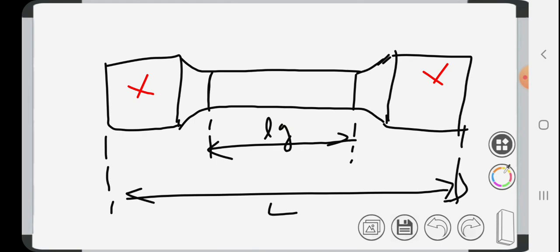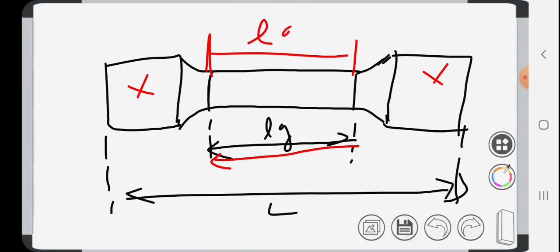This length LG is the gauge length, the length of the specimen on which we want to determine the mechanical properties. In this particular length we are interested in finding the mechanical properties only. LG means gauge length.